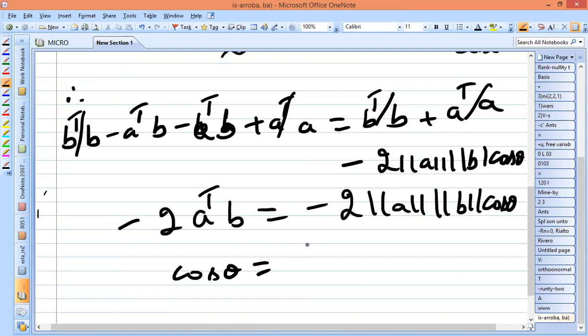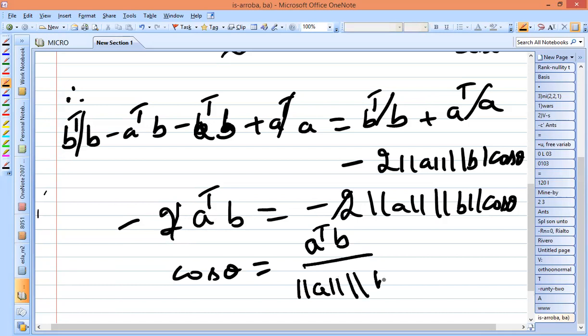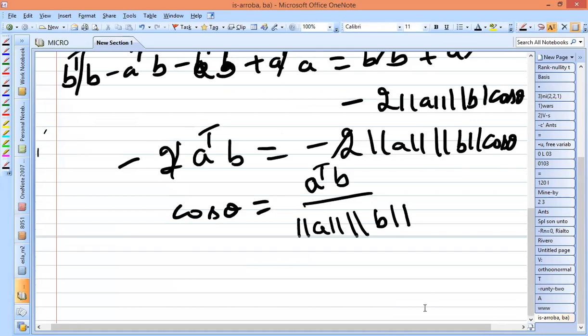Cos theta becomes A transpose B divided by length of A into length of B. So this is the equation for the cosine formula.